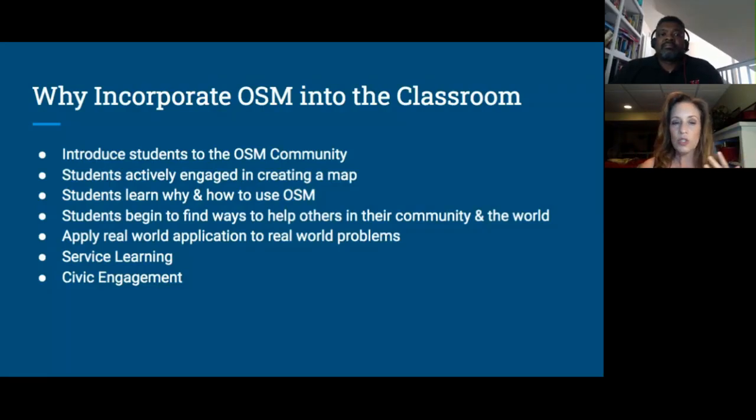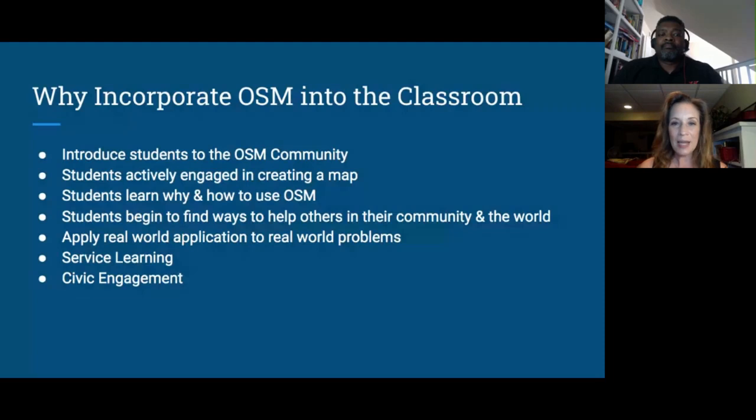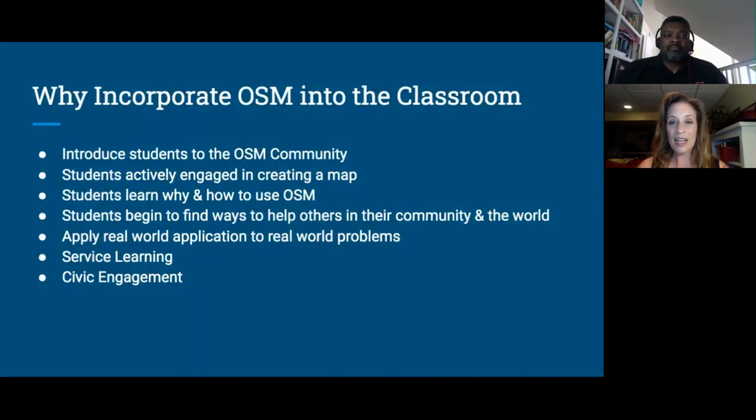Trying to get students to actively engage in creating maps, not consuming maps. Many times as teachers, we like to have our students consume maps, like analyze them, see what they're saying. But how about showing students how to make a map, how to contribute to a map? Is there something that you're seeing on maps that isn't there, that they would like to put on there? And I think that's really important, showing them the how.